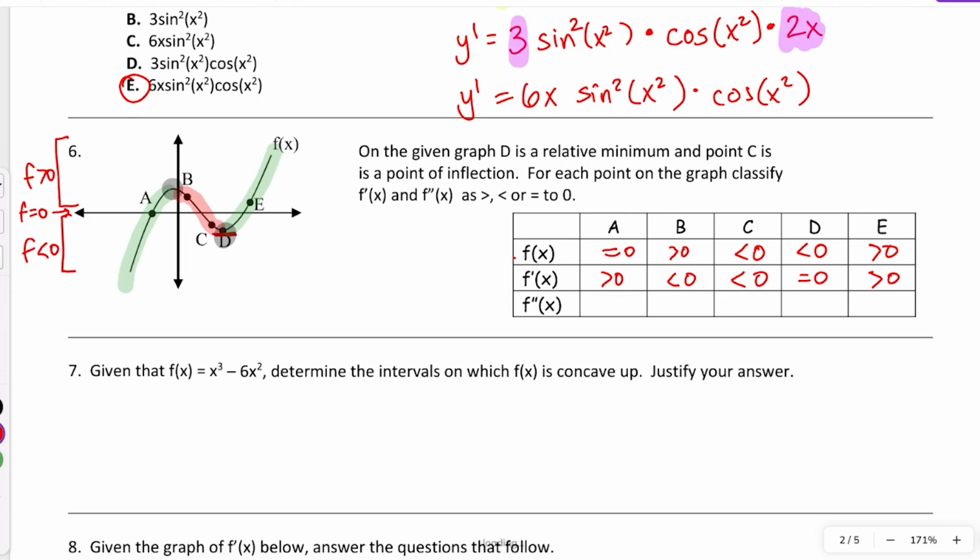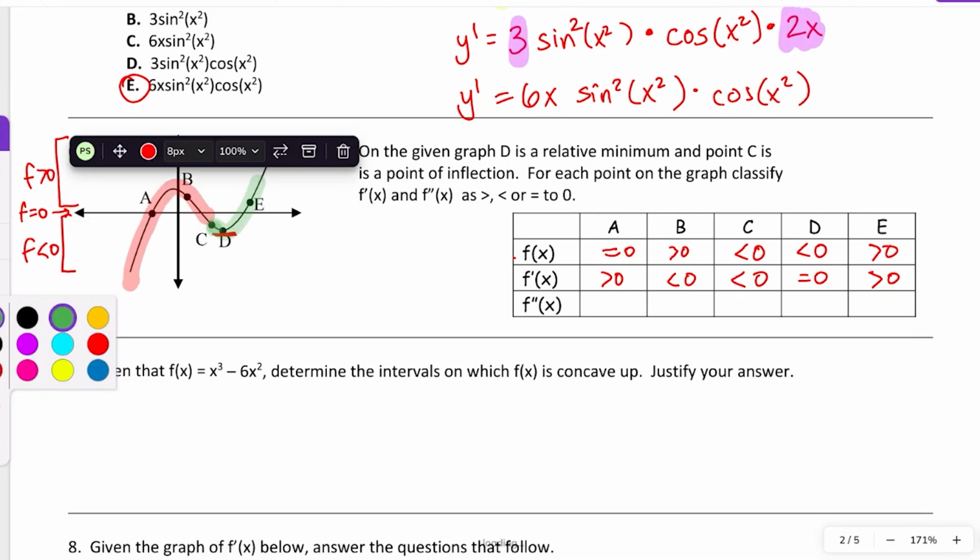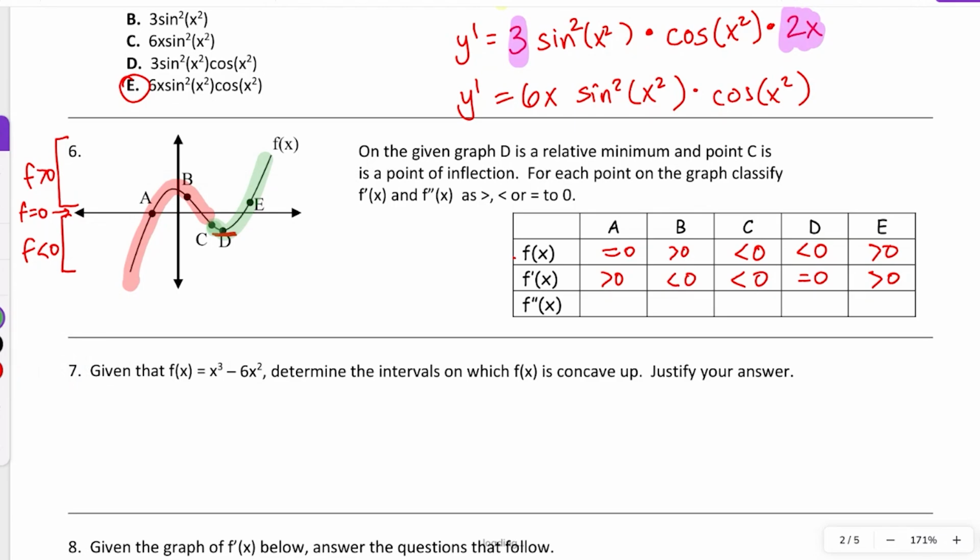So now let's talk about f double prime. F double prime is talking about the concavity, which changes at the point of inflection. And the problem tells us that C is that point of inflection. So we have one interval that's concave down from negative infinity to C, and one interval that's concave up from C to infinity.